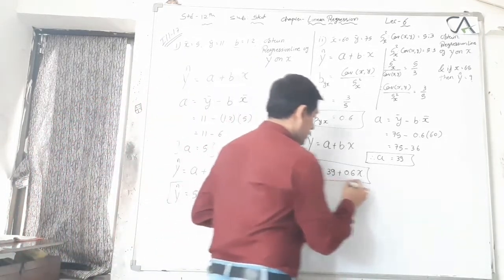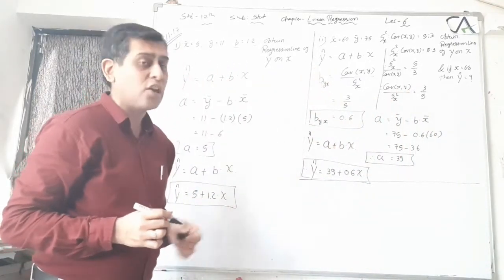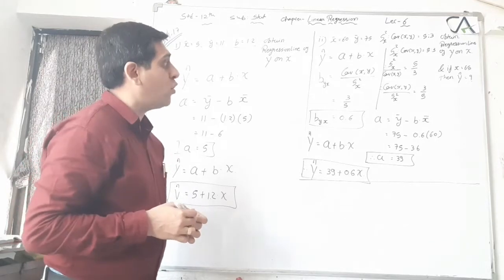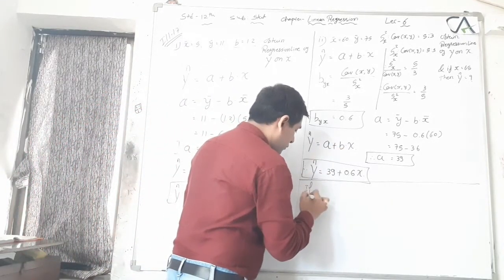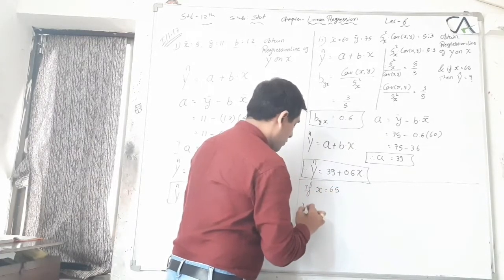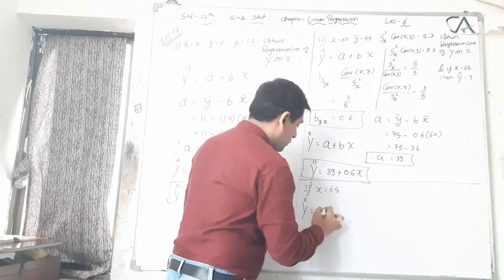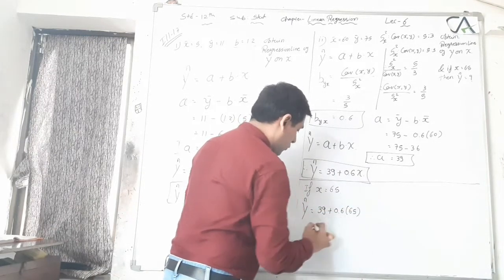Now the next question is, if the value of x is equal to 65, then find out the y cap, that is the estimated value of y. If x is equal to 65, then y cap is equal to 39 plus 0.6 into 65.